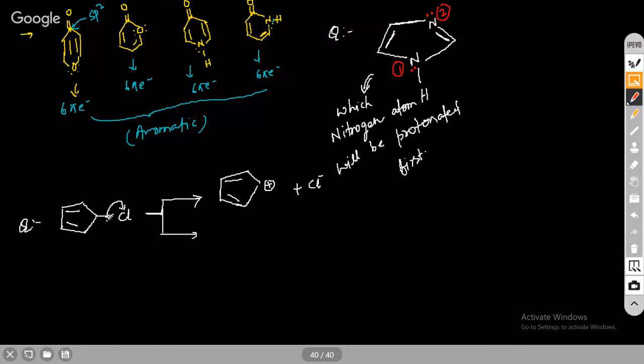Another possibility is what if this bond is taken up by this carbon atom, then the possible structure will be this negative charge here, and this one plus will get Cl positive charge on it. Which one of these is possible and why? This is the first one and this is the second one. Which one of these is possible?